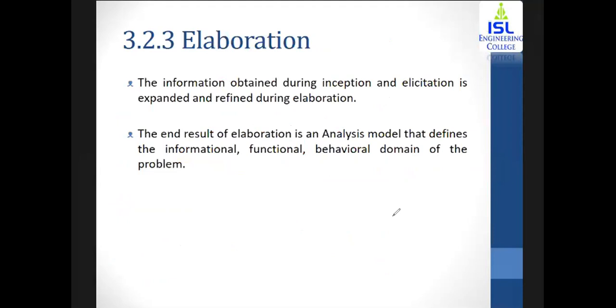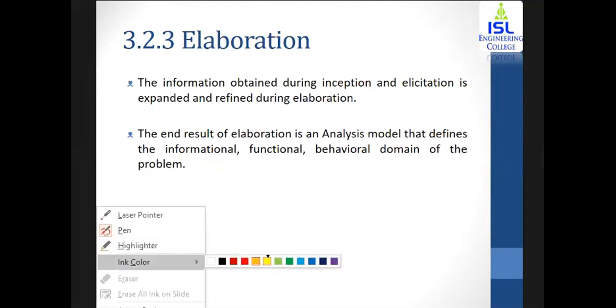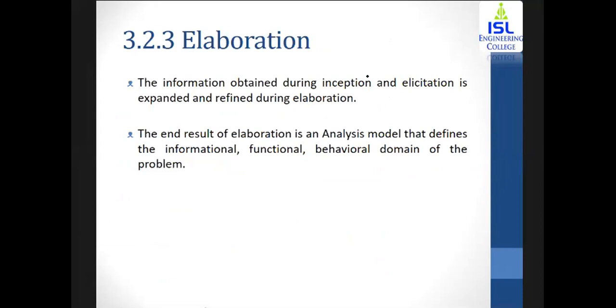The next one is the elaboration phase. What is the elaboration phase? Within this elaboration phase, the information that is obtained during the inception and elicitation is expanded. Within the first step, you've got information about the different stakeholders, their requirements, and you've asked a set of questions.